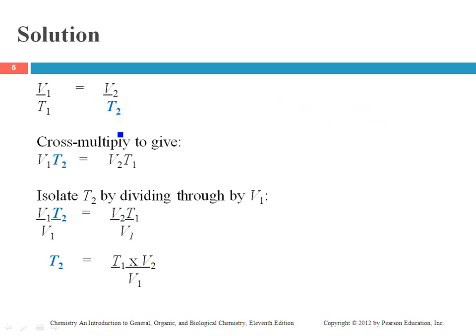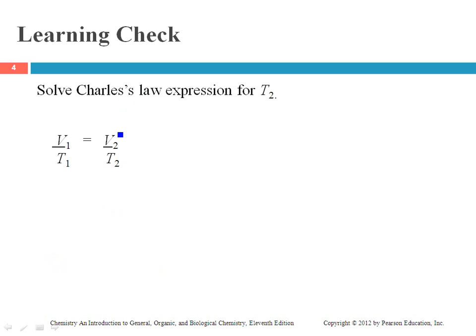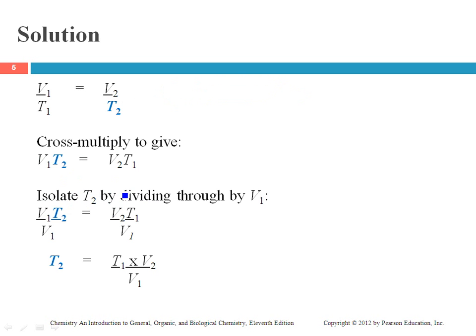This is the expression for Charles's Law, and we want to solve for T2. It's asking us to be sure that we know how to rearrange the equation. So we have V1 over T1 equals V2 over T2, a direct relationship between volume and temperature. If we're looking for T2, the first thing we do is cross multiply, and I like to write it out so it's linear.